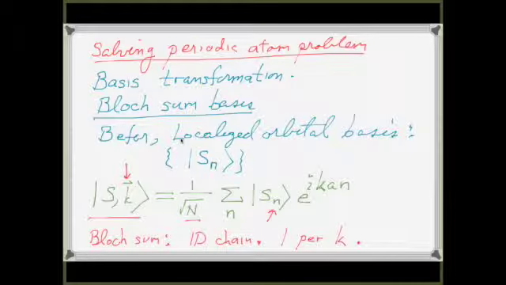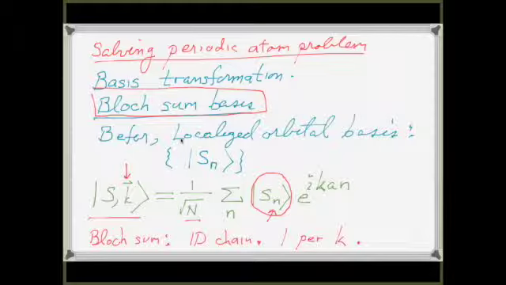and then for the first time introduced this basis transformation into this Bloch sum basis, which is what we're going to be using over and over again. So we start with our localized orbital basis, and in general this will be more than just s orbitals and p orbitals. And we do this unitary transformation. And so for each n there's going to be a k.